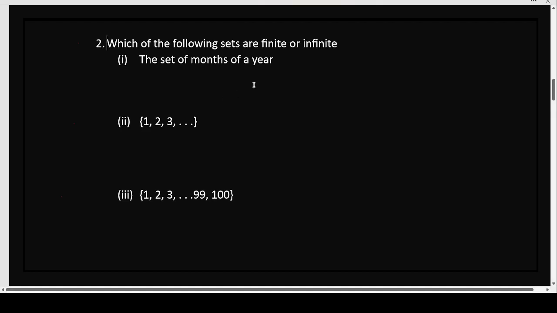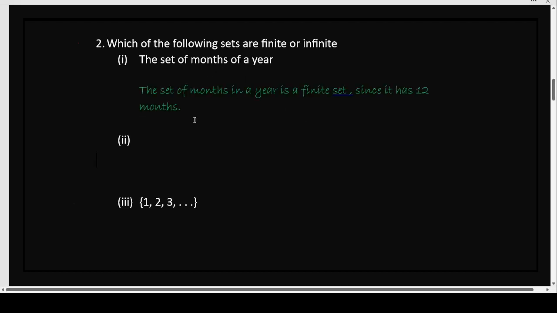First is the set of months of a year. You can say 12 months are there. This number is finite, so it's a finite set.